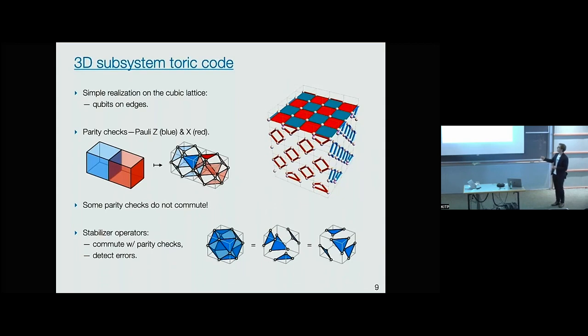So this is a stabilizer operator in the model. For every blue cube, we will have a parity check of Z type, and for every red cube, we will have a parity check of X type. And notice that we can form this weight-12 operator by multiplying a quadruple of parity checks like that, or a different quadruple.